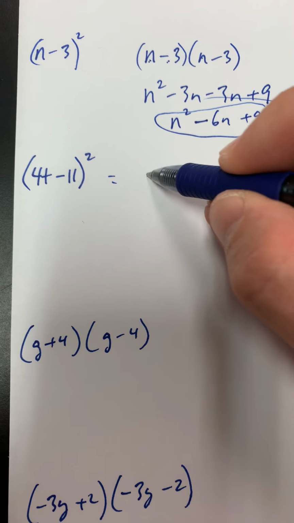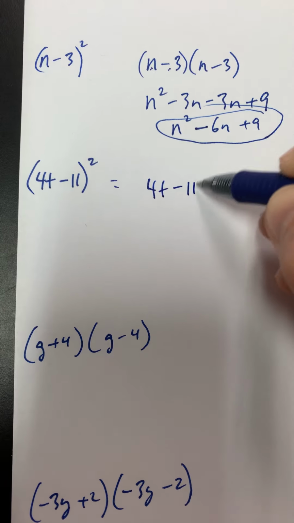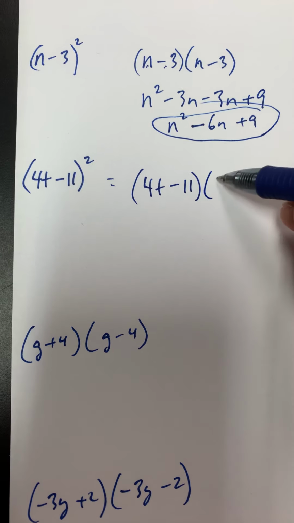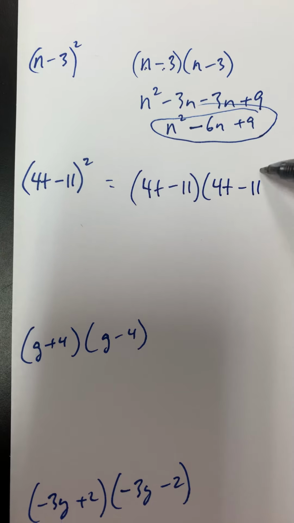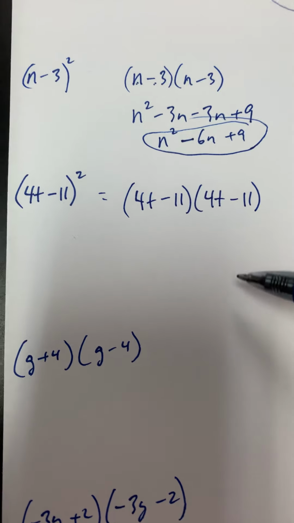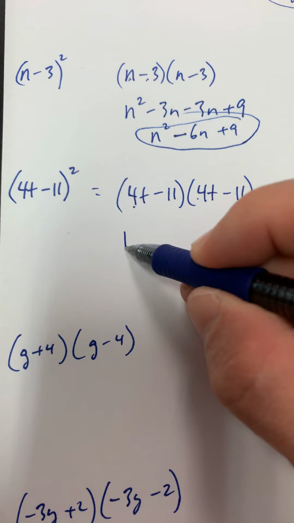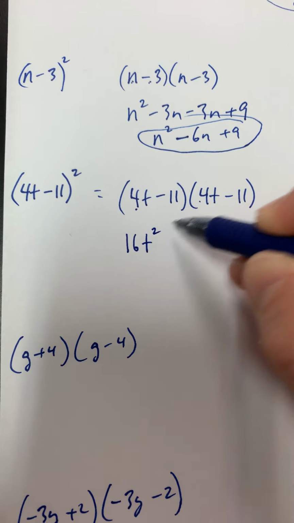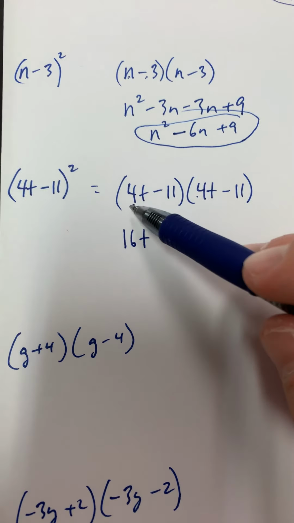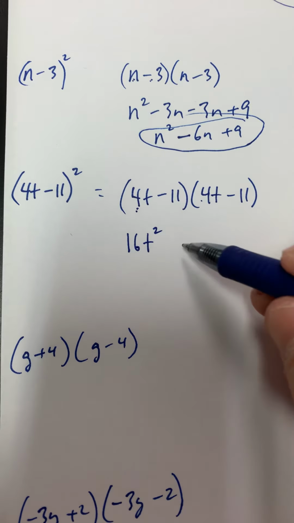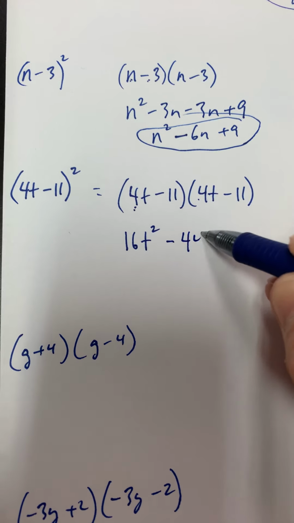So that's 4t minus 11 times 4t minus 11. So multiply our first terms. That gives me 16t squared. 4t times negative 11, negative 44t.